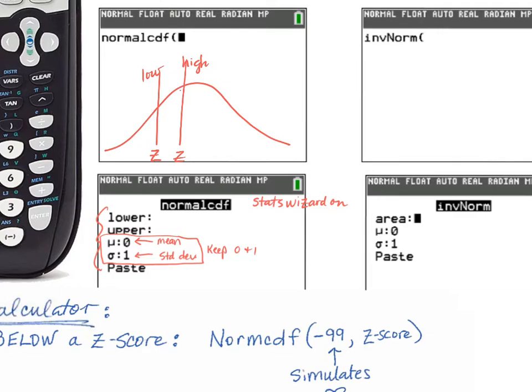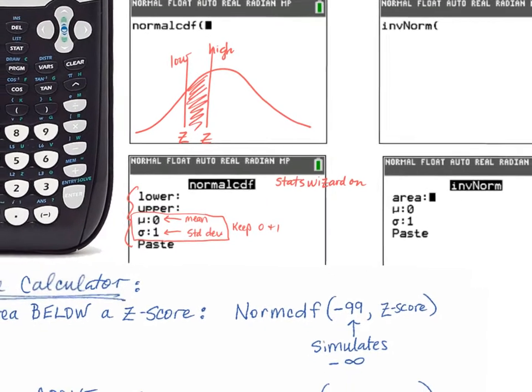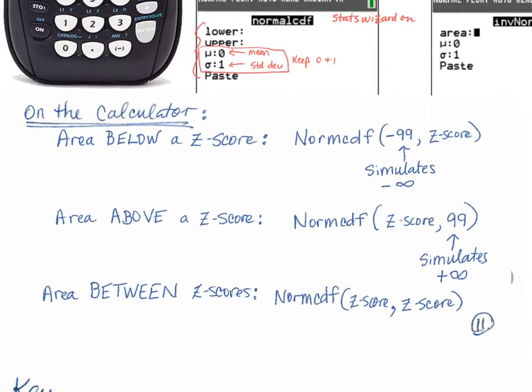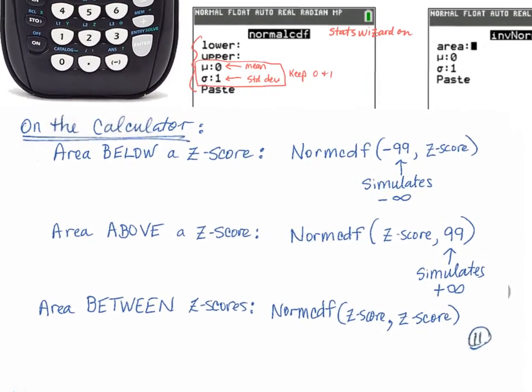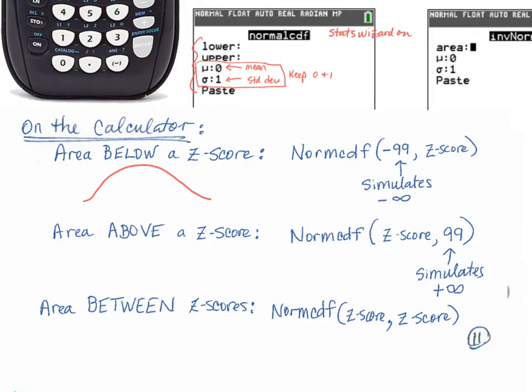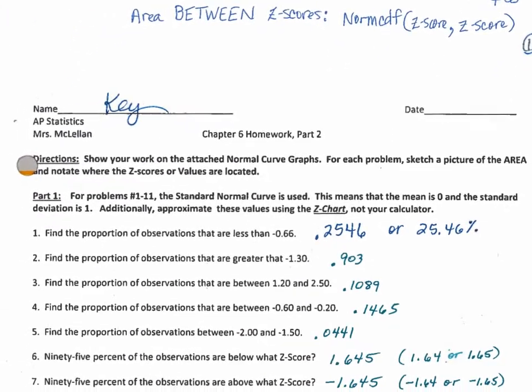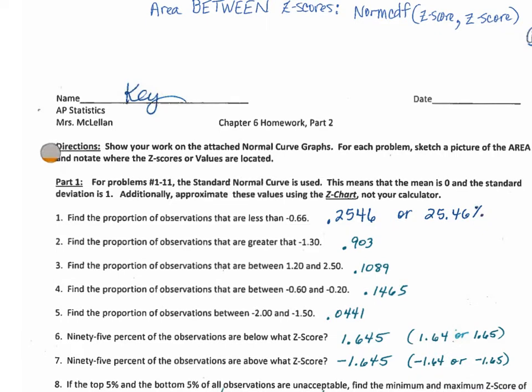All right, now, the thing is that sometimes the area that you are getting is going to go on forever below a particular value. And I think that number 1 on your homework last night did that. See, number 1 said, find the proportion of observations that are less than negative 0.66.